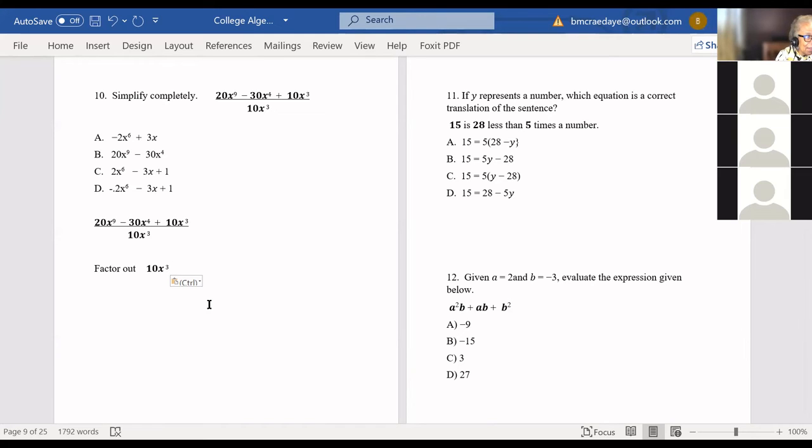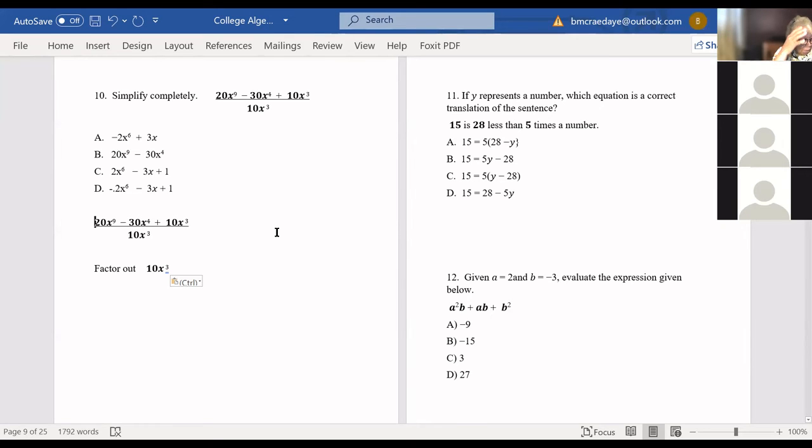Divide the 10x to the third into each one of these terms. 20x to the 9 divided by 10x to the third. In other words, when you divide, you subtract the exponents.